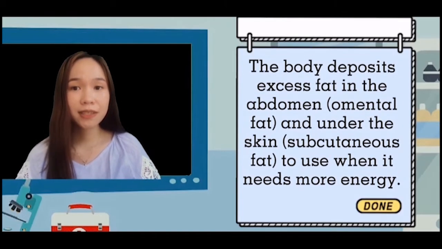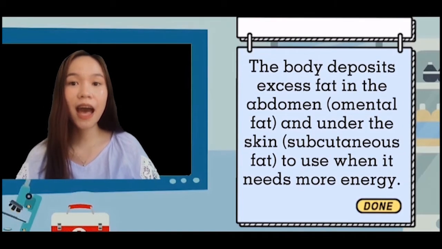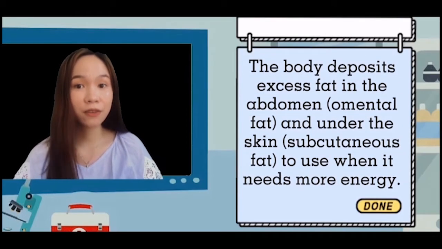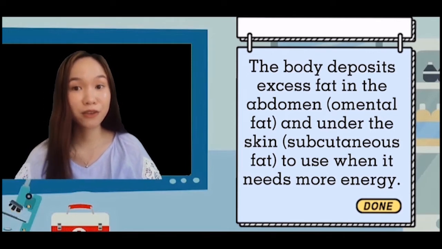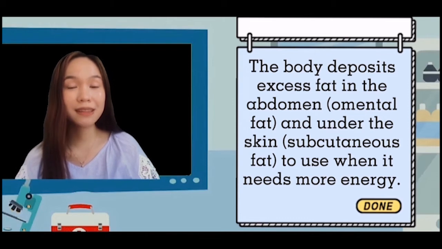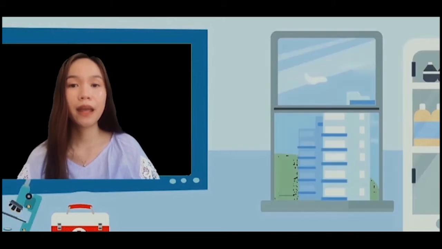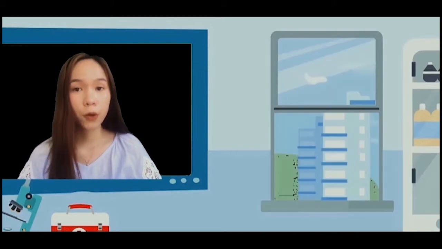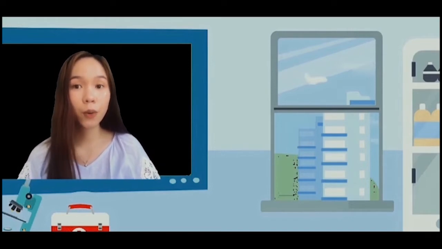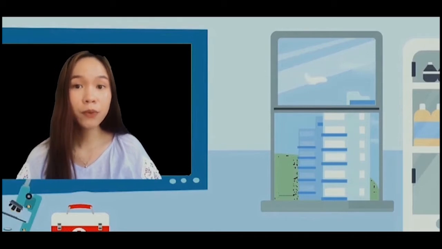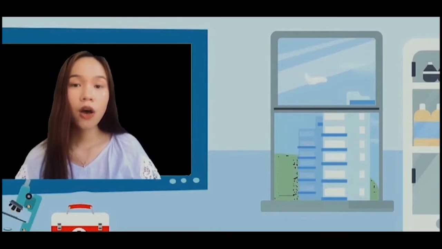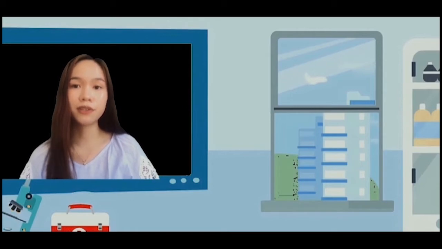The body deposits excess fat in the abdomen, in the omental fat, and under the skin, in the subcutaneous fat, to use when it needs more energy. The body may also deposit excess fat in blood vessels and within organs, where it can block blood flow and damage organs, often causing serious disorders.